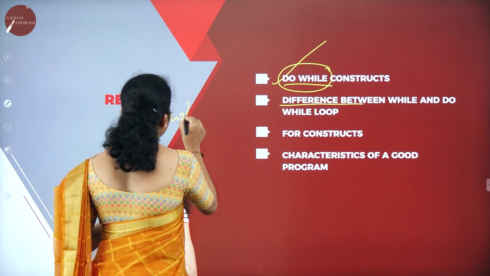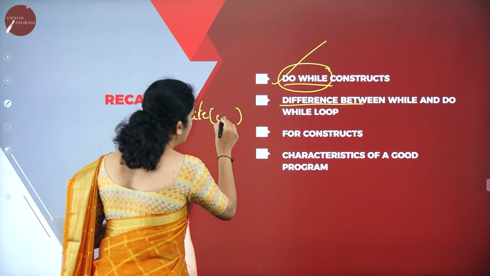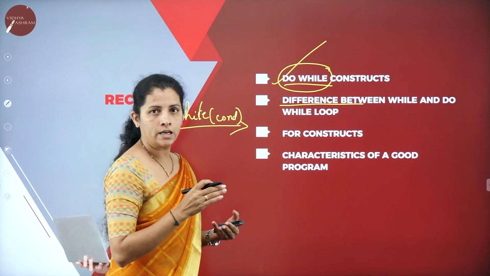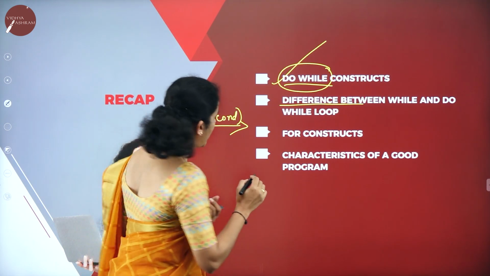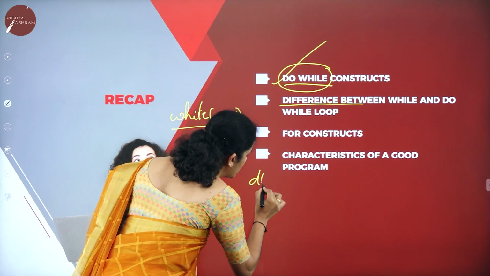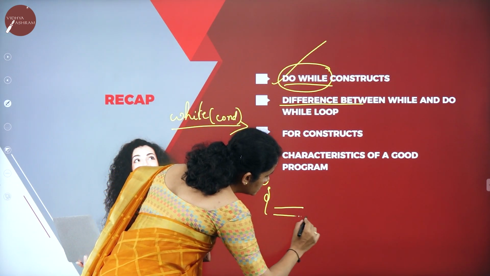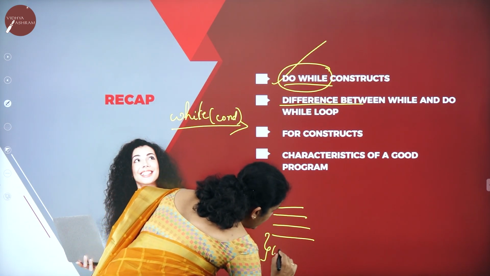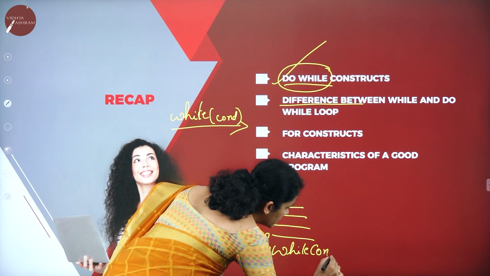In while, at the beginning itself we check the condition, so it is called a pre-tested condition. Whereas in do-while, first I use the keyword do, then write a set of statements, and at the end I compare the condition.